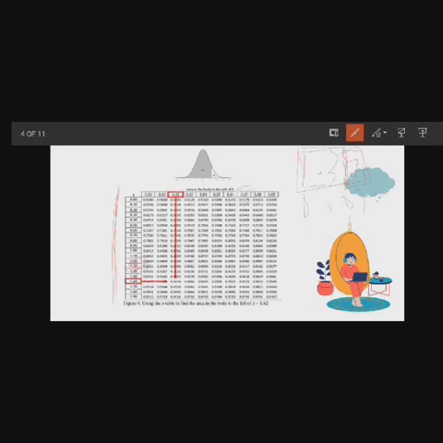Then we cross the two. The value we get is 0.9147, as you can see here. If we multiply by 100, it becomes 91.47%.